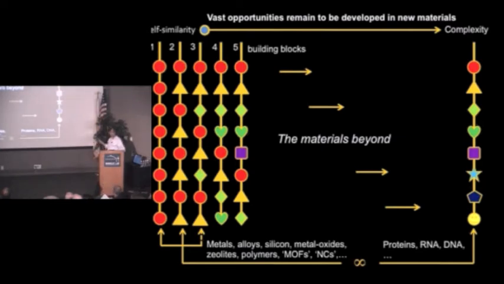But we know from biology that a multiplicity of different kinds of building units gets you a system that has information, that can convey information. But it also gives you tremendous functionality, control over making highly functional materials. But we can't build our entire world out of proteins and RNA and DNA.